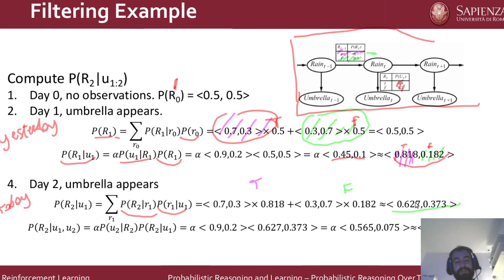Now we take this object here and we incorporate the new observation. The new observation will be U2, which is again true. So we are multiplying the probability of R2 given U1 by the observation function. Our observation function tells us that given that U2 is true, we need to consider this first column. Here there is another column where this is not U, so we don't have to look at that, and this would have been 0.1, 0.8.